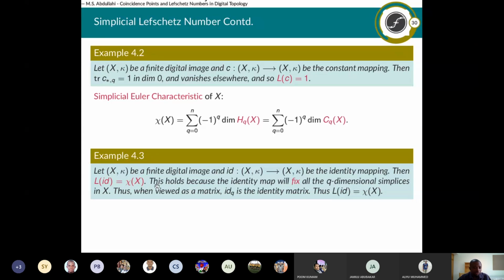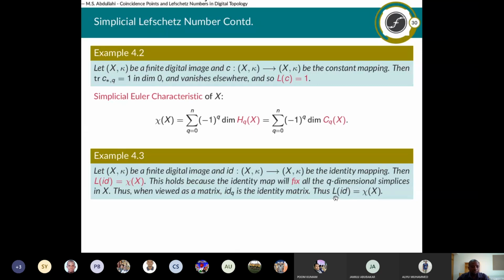Why this is true is that the identity mapping will fix every q-dimensional simplex, and if we view it as a matrix, then the matrix will be nothing but the identity matrix, and if we sum it up, it will give us the number of q-dimensional simplices we have.